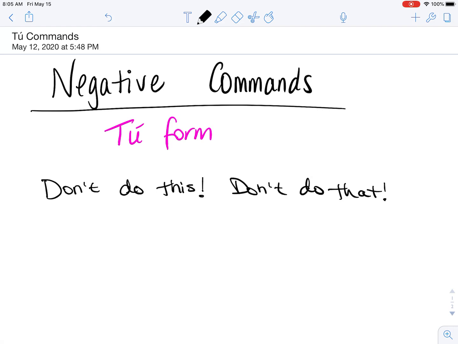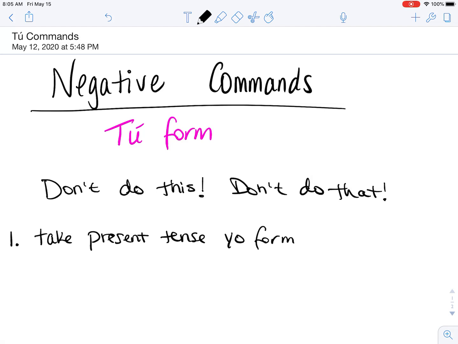All right, so how we form them. First, it's going to be a little bit different than the positive or the affirmative commands that we learned about. For this, we're not going to take the usted form, but we're going to take the present tense yo form.